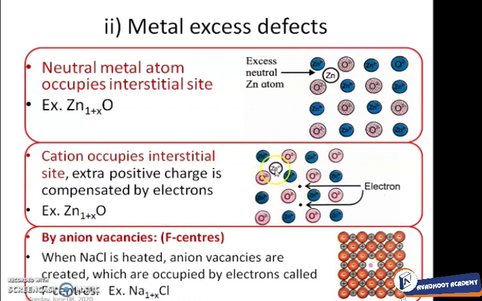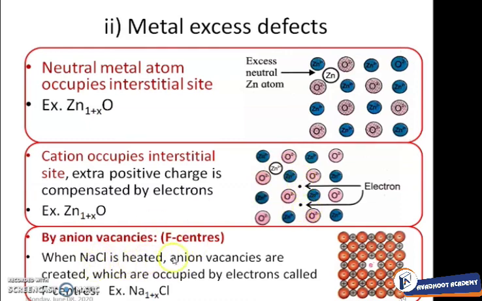This imbalance is compensated by extra electrons. So the positive charge of this extra cation is compensated by two extra electrons.